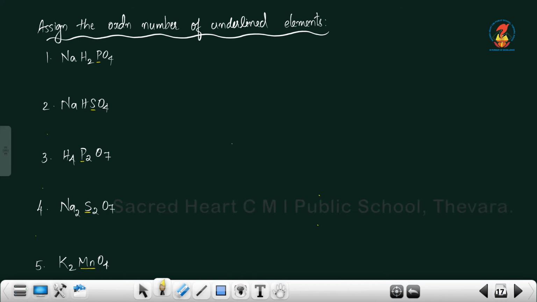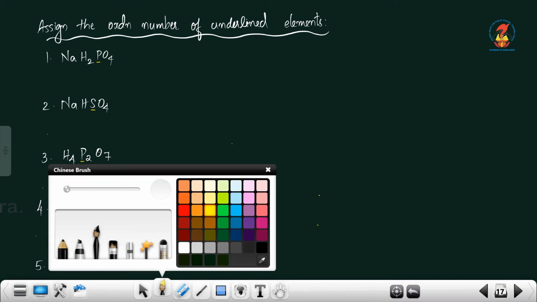So the first compound given is NaH2PO4. Here it is given as a neutral compound, so the sum should be equal to 0. Now first what we need to do is those elements which we know the oxidation state, that we can write first.